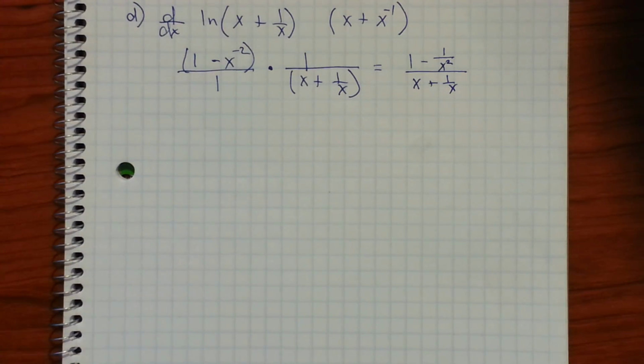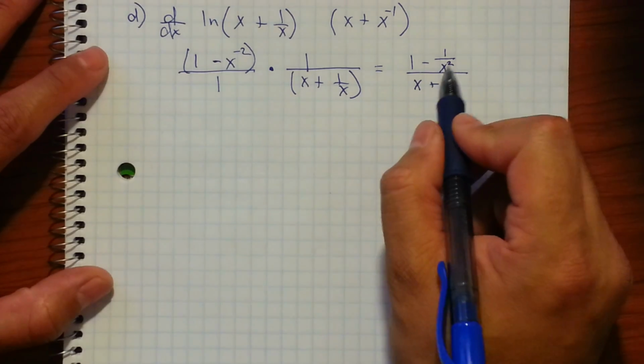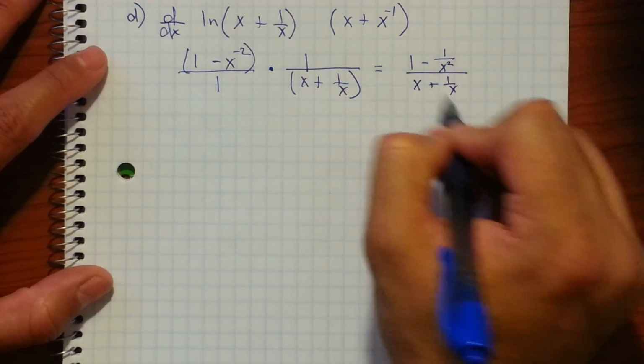Now, this is kind of a trick that some people learned in 3-4. If you haven't learned it before, it's not that bad. It's actually really helpful. So, I have a fraction over a fraction.